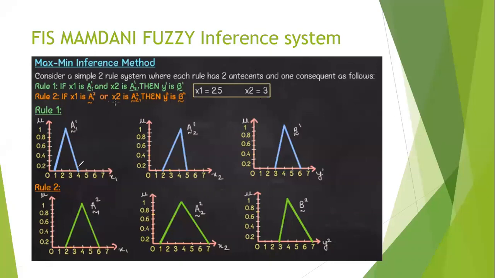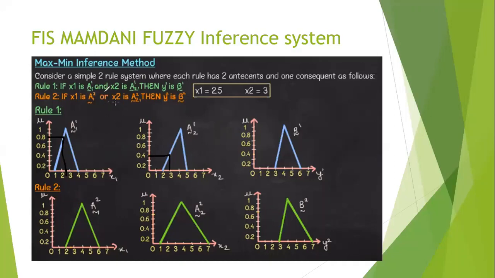Corresponding to 2.5, you are indicating the membership function value 0.8. X2 is 3. Corresponding to 3, the membership function value is 0.4.